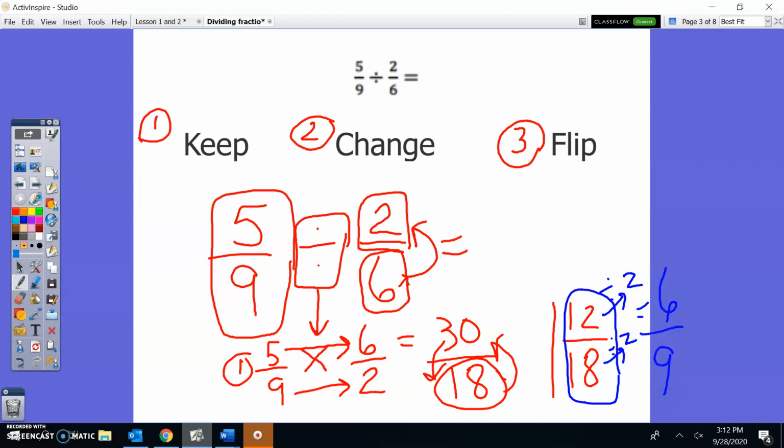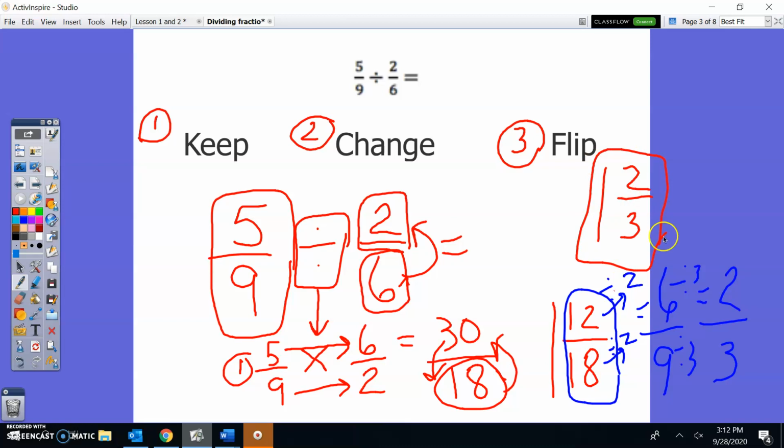We can actually simplify that by 3. 6 divided by 3 equals 2, and 9 divided by 3 is 3. So my final answer is 1 2/3. That should be your final answer for this division problem.